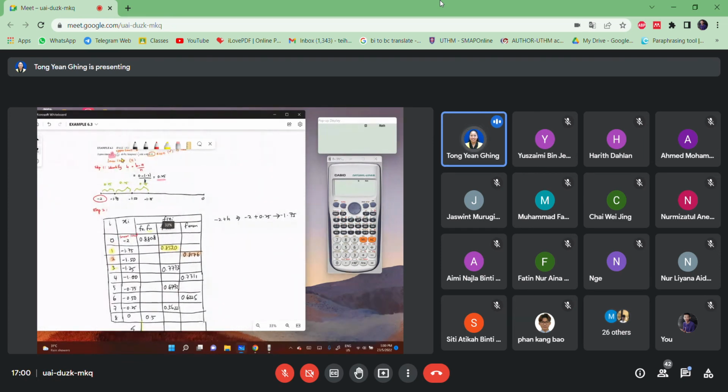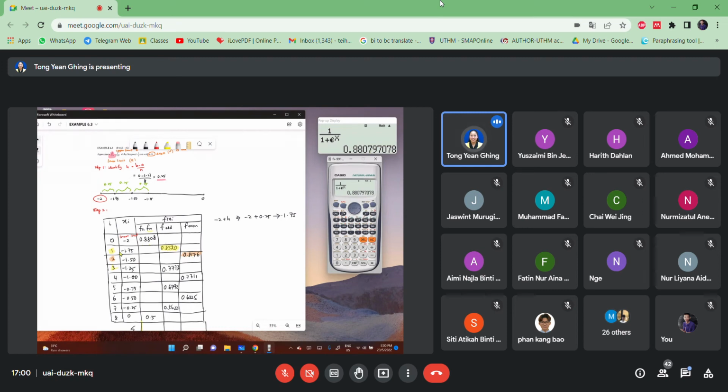You key in the formula, 1 over 1 plus x squared, using shift and alpha x. Then you have to calculate what your x is. Your x is -2, so you key in 0.8808.